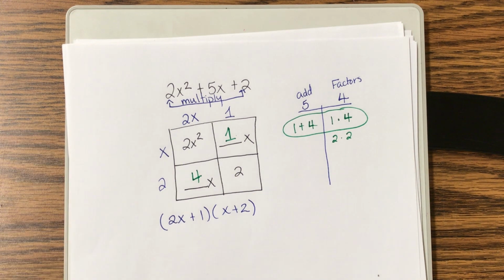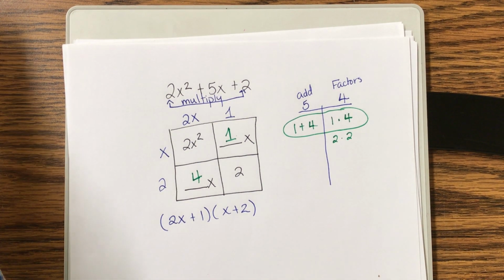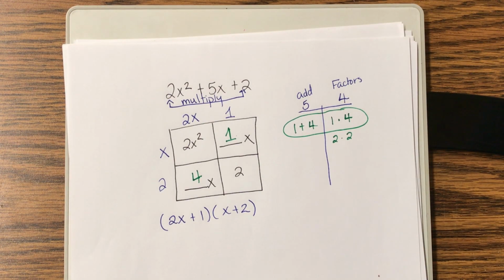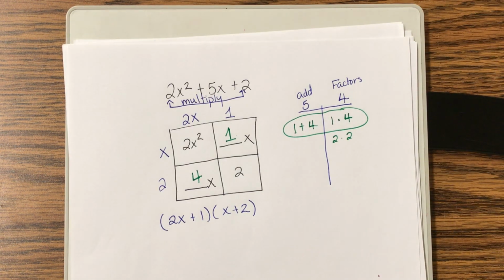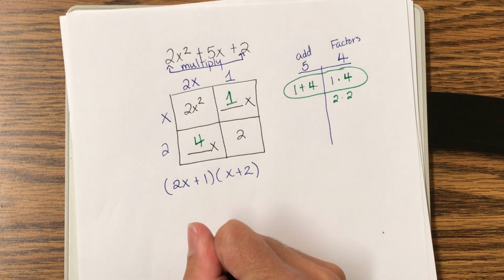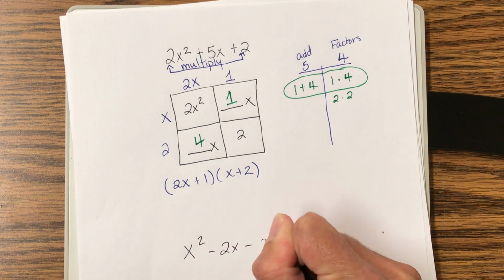What about one of the other ones where we didn't have a leading coefficient? So in one of our other examples, the x squared minus 2x minus 24.